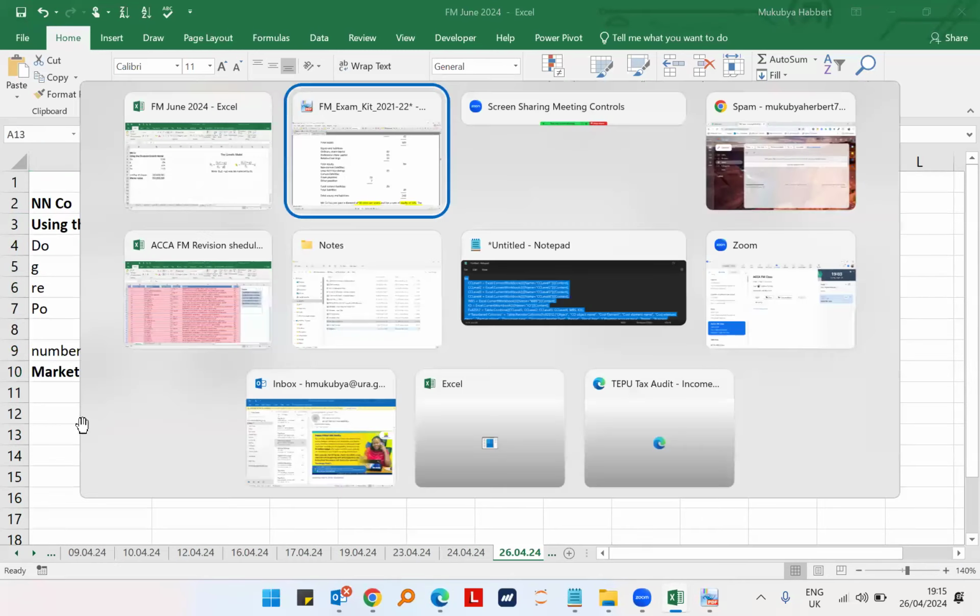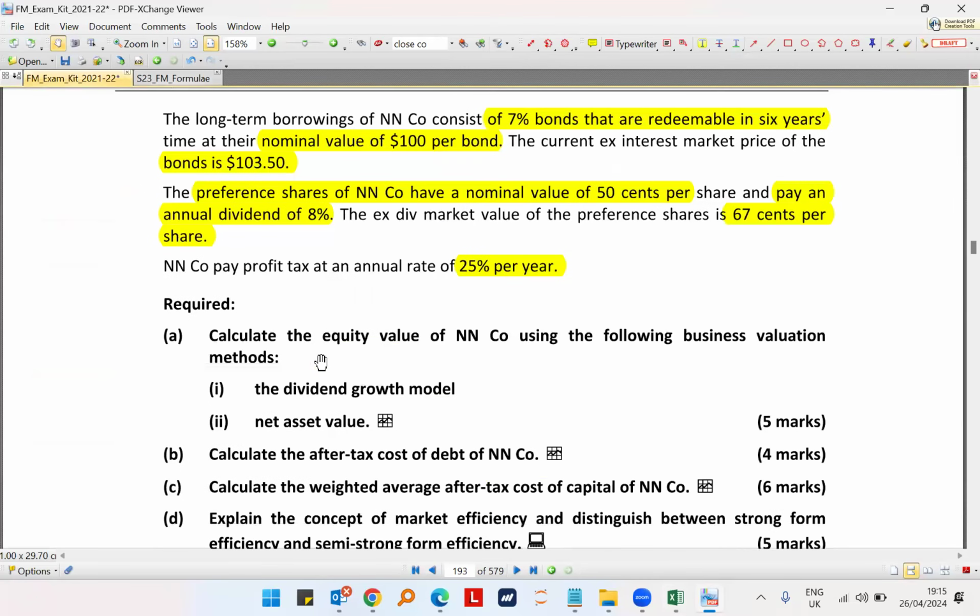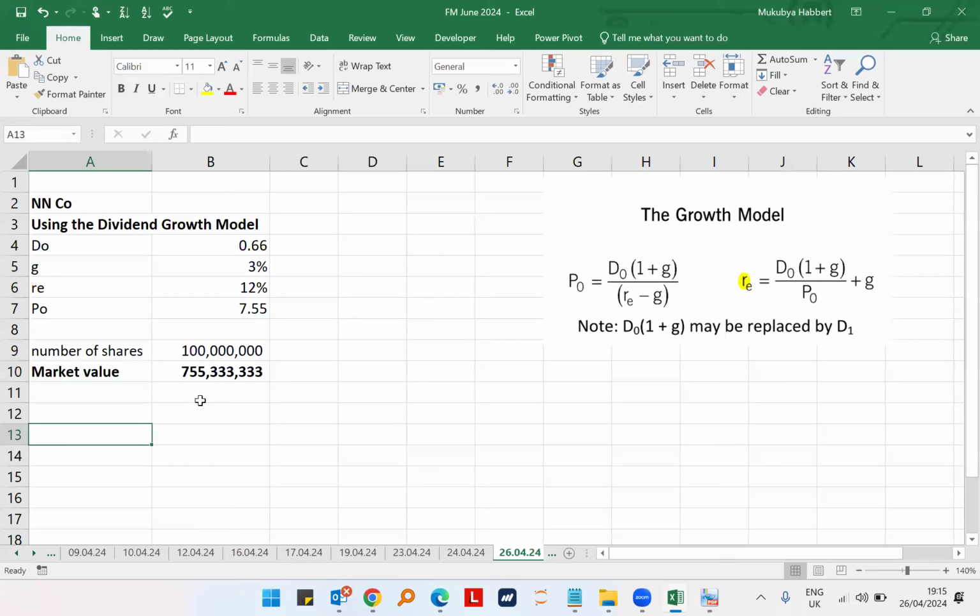So then they also told us to use the net asset value. Now net asset value uses the value of assets minus value of liabilities.